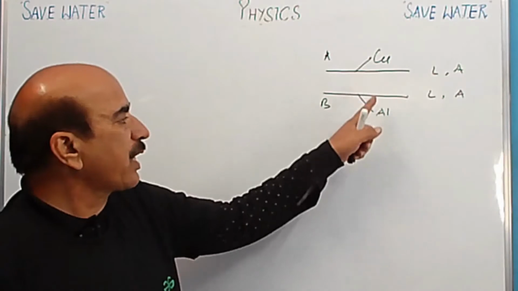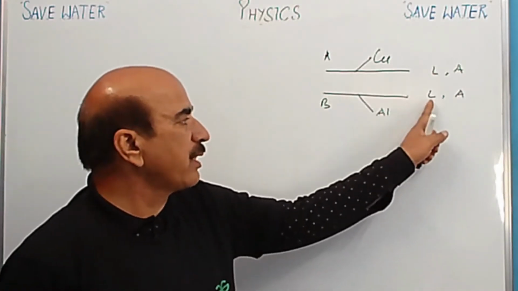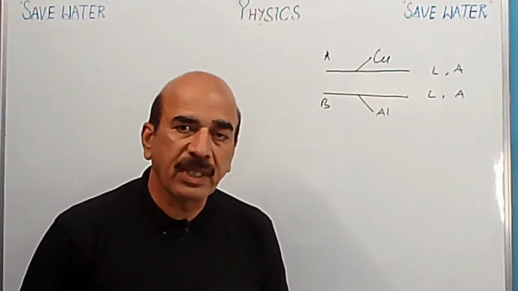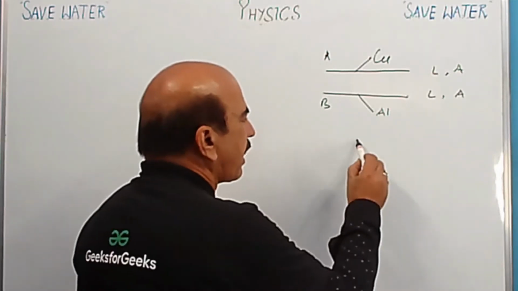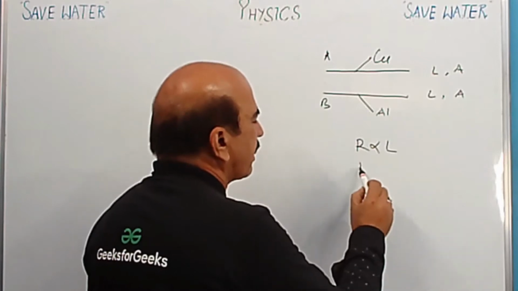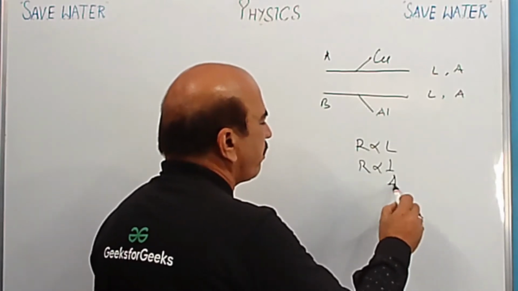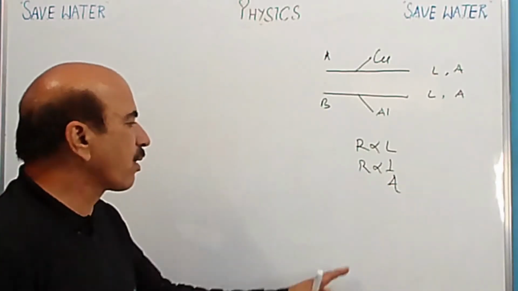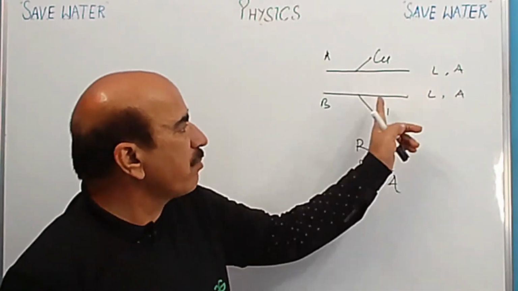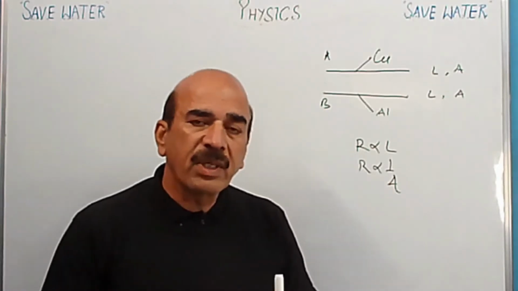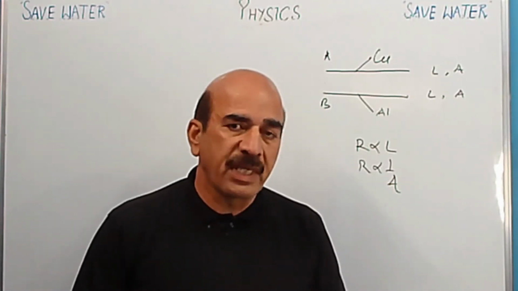Now copper and aluminum are there, both have same length and same area of cross section. We have done that resistance is directly proportional to length of the conductor and inversely proportional to cross section area of the conductor. So here the length is same, area of cross section is same, so resistance in both cases should be same.